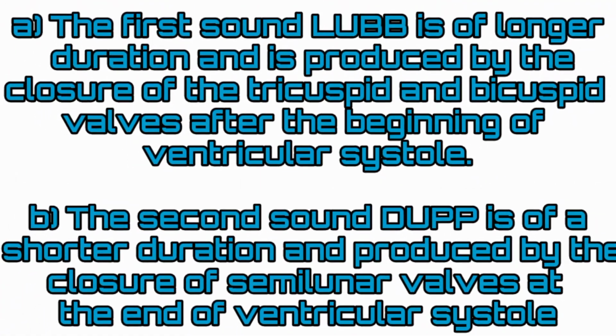The first sound, lub, is of longer duration and is produced by the closure of the tricuspid and bicuspid valves after the beginning of the ventricular systole. The second sound, dub, is of a shorter duration and is produced by the closure of semilunar valves at the end of the ventricular systole.